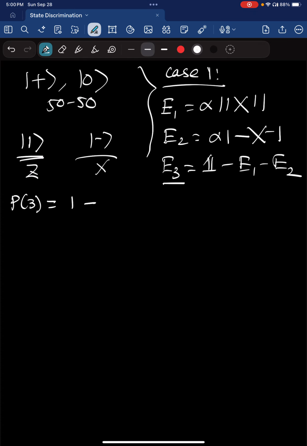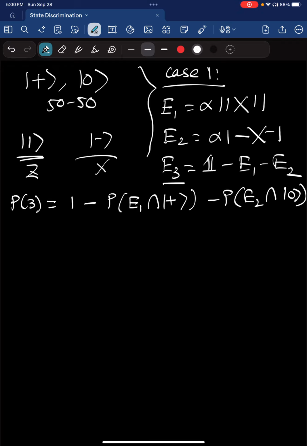Let's say we are getting E1, and in case of E1 the state is obviously the plus state, and we can also get the result E2, and here the state is obviously the zero state.